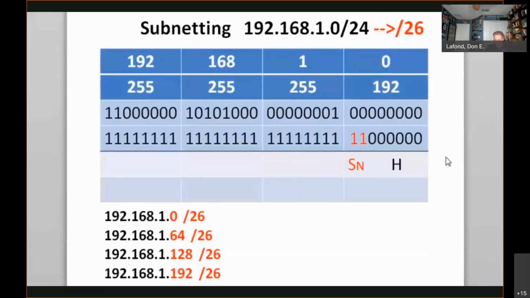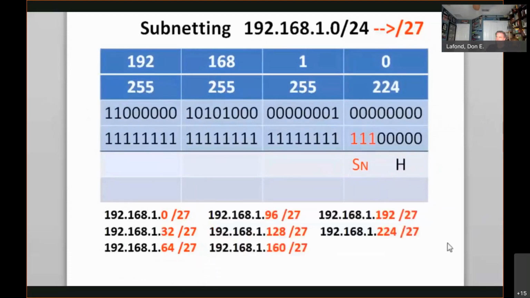Minus 2 for each subnet makes 62 usable hosts per subnet. The subnetworks that are created are the 192.168.1.0 subnet, the 64 subnet, the 128 subnet, and the 192 subnet. Notice how the number of borrowed bits and the number of host bits determines a lot about the subnet.